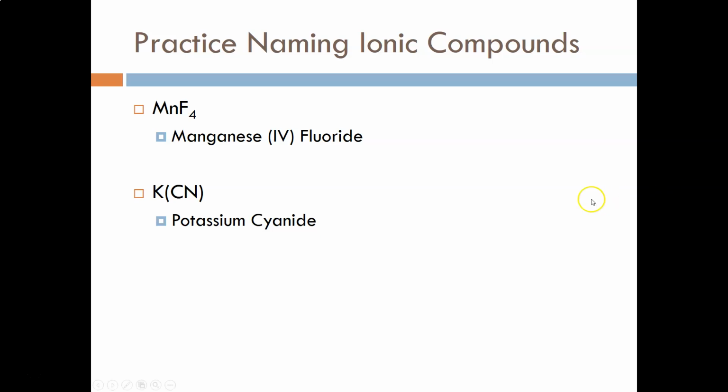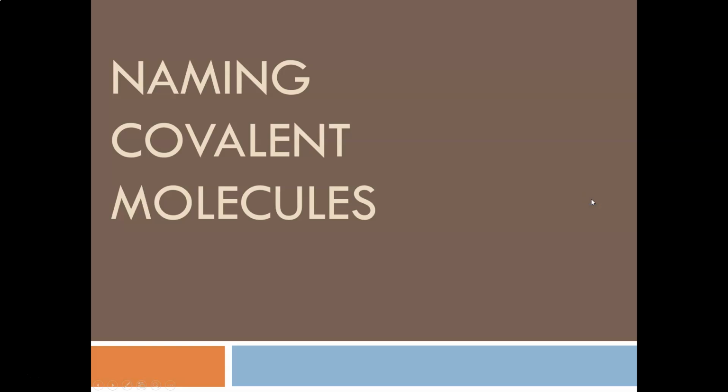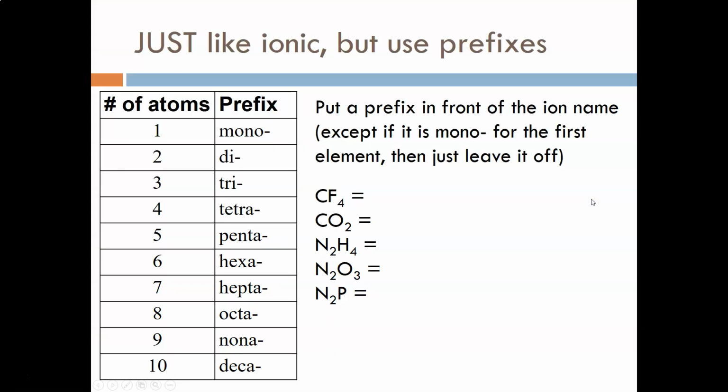All right, next, naming covalent. Just like ionic, we follow the same kinds of rules, but we just have to stick some prefixes in once in a while. You need to know your prefixes 1 through 10. There's a glue-in for the notes that has the list of the 10 prefixes.